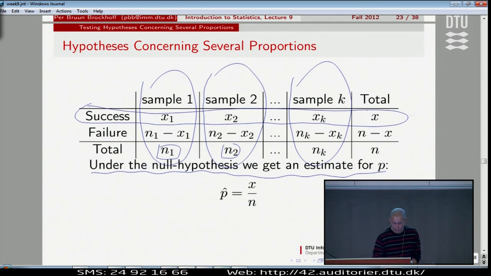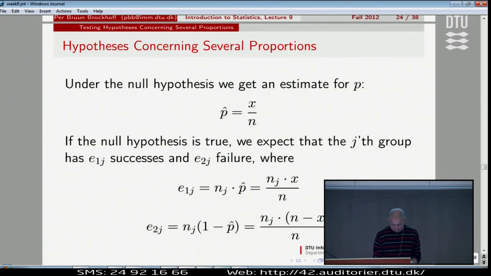We count the total number and divide by the total number of people in the study. That is the common proportion, you could say, across all groups, the one that should represent all the groups in case they are really the same. It's the best guess of the joint proportion, just taking across everything. This is the proportion of diseases we have in our case.